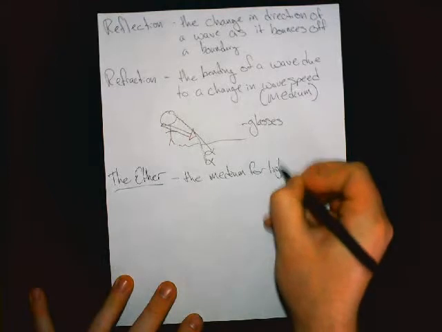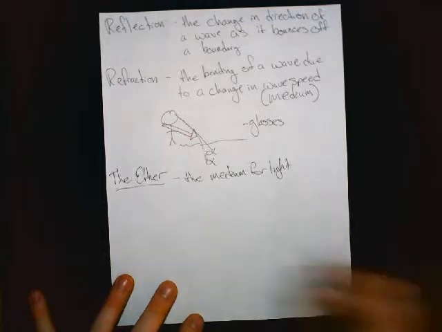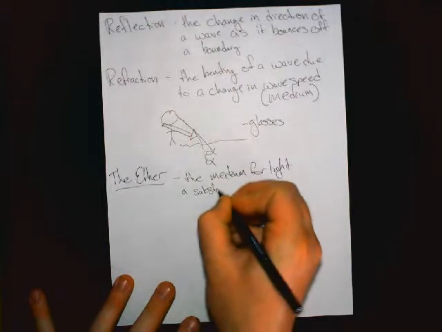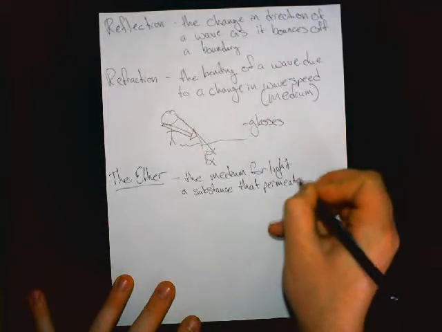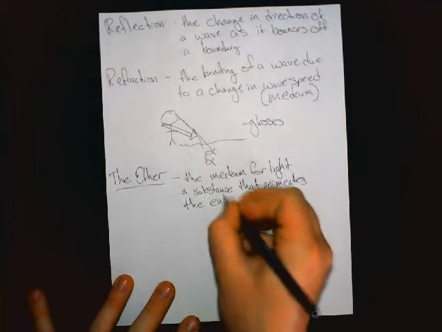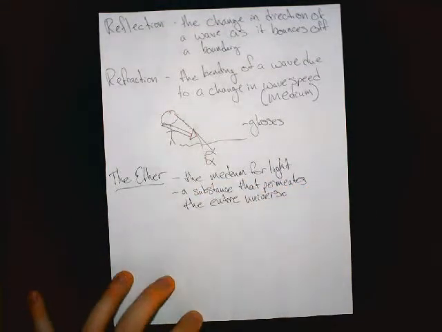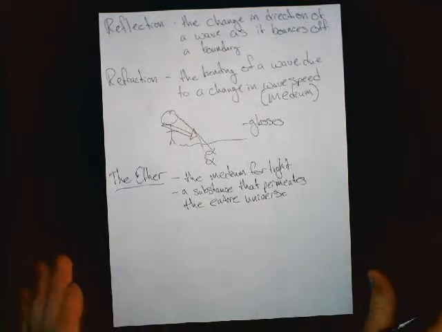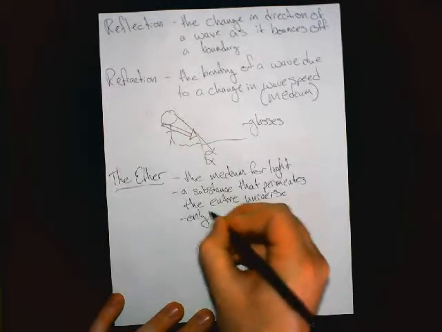Ether was simply a substance that permeated the entire universe. So we're talking about it's through space, it's through solid objects, it's through air, it's through liquids, it's everywhere. And it's consistent. And it only interacts with light.